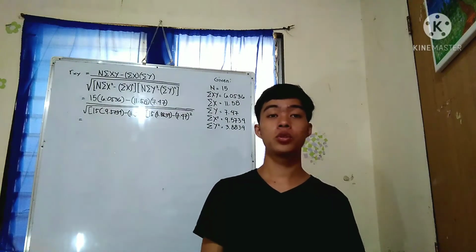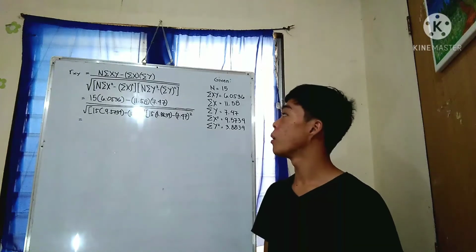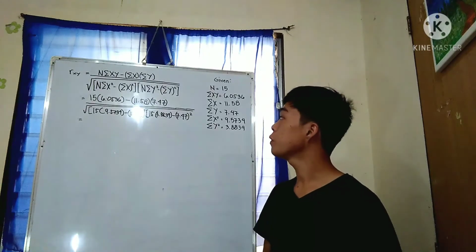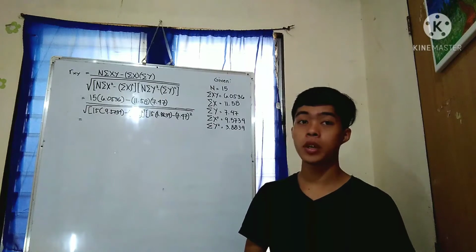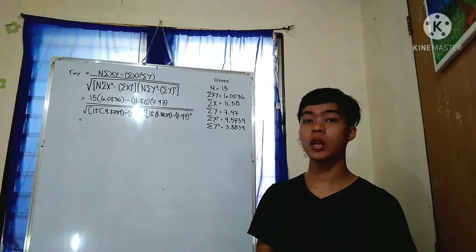After we substitute all the numbers in the given, we will now multiply. So 15 times 6.0536 is equal to 90.804.